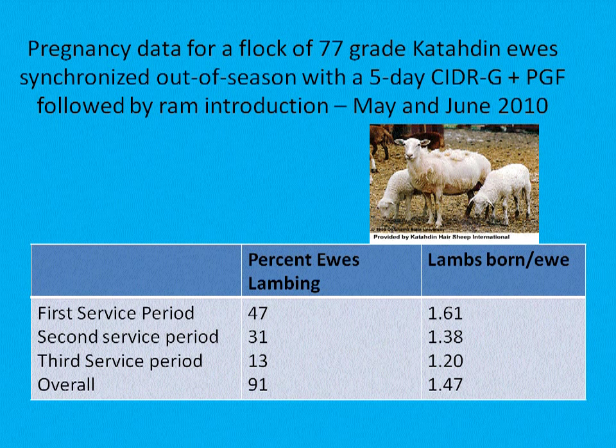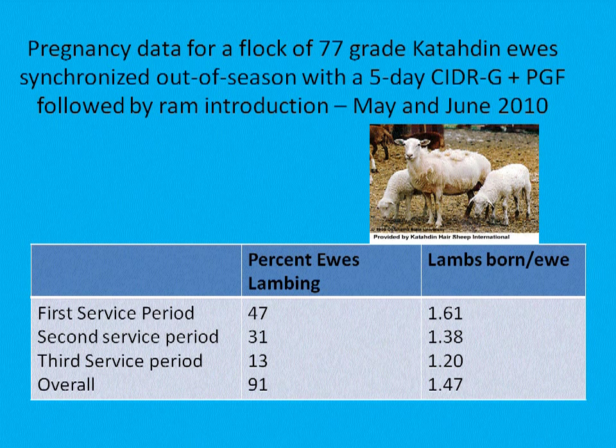They usually do a little better than this, particularly in terms of the percent lambing at first service. They have been over 80% at first service a couple times. Here they were 47, 31 at second service, 13 at third service. Overall average of 1.47 lambs. And the survival is very good in those.